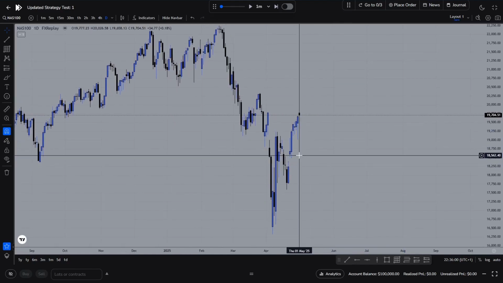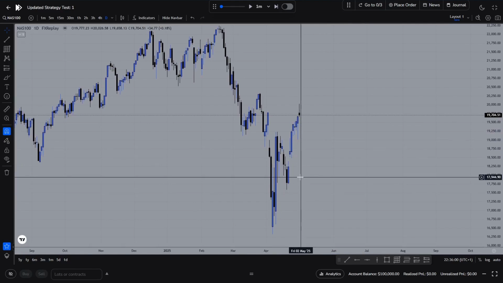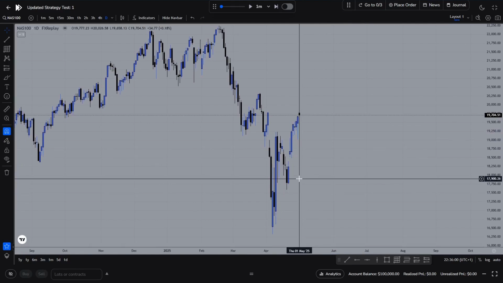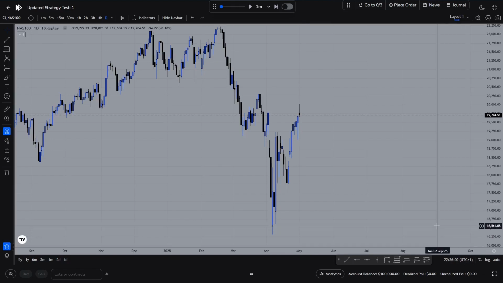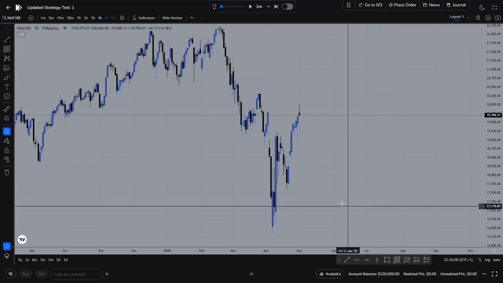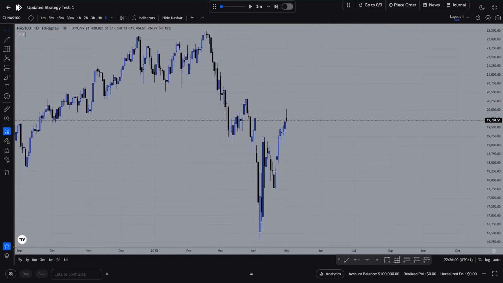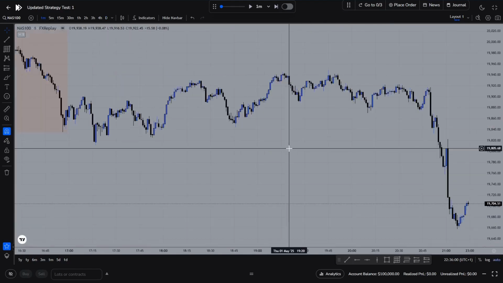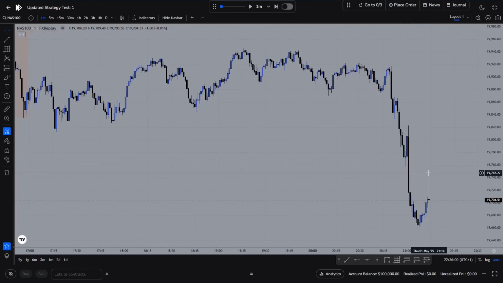Alright, I'm going to start on Thursday, 1st May. I think the time, London time. Let's get to it. Let me see what time it's currently trading at.